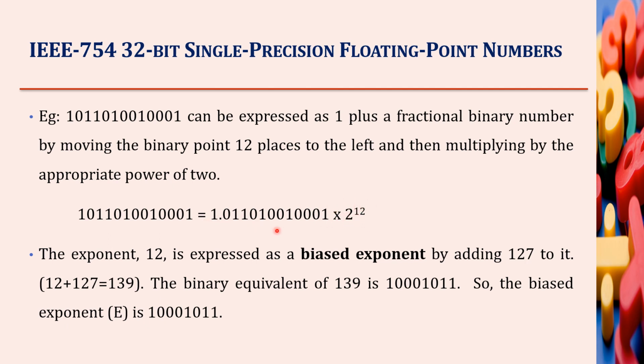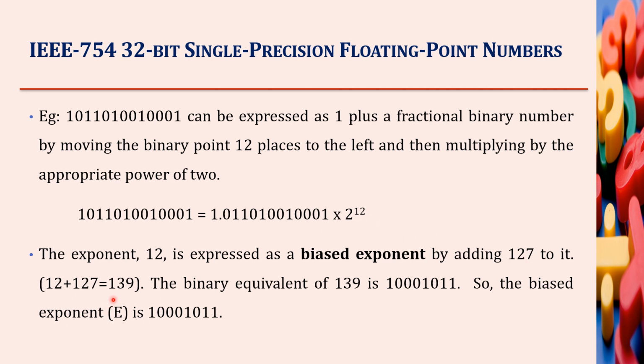Now when we look at this mantissa part, we can see that it is in the normalized form. But this exponent, we need to convert into a biased exponent. So we need to add 127 to the actual exponent. The actual exponent here is 12, so we add 127 to this 12.